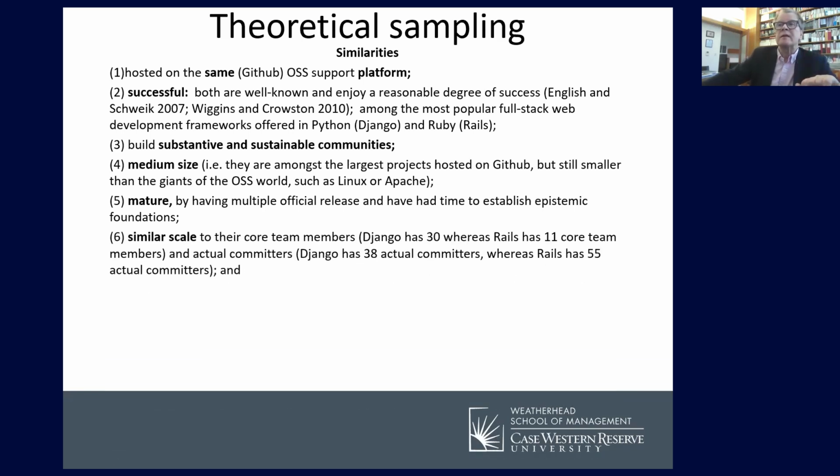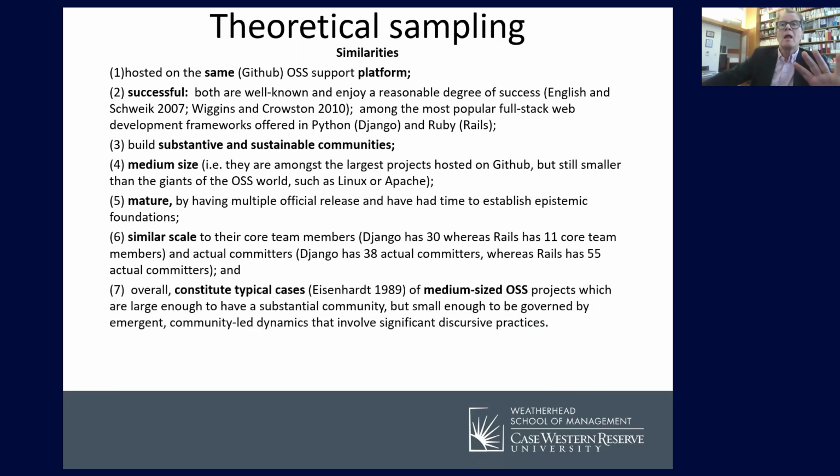These are the numbers you can see. The core team members are very similar, so they appear to be organized in a very similar manner. You could say that they constitute typical cases of medium-sized OSS software projects, large enough to have a substantial community, but small enough to be governed by emergent community-led dynamics that involve significant discursive practices.